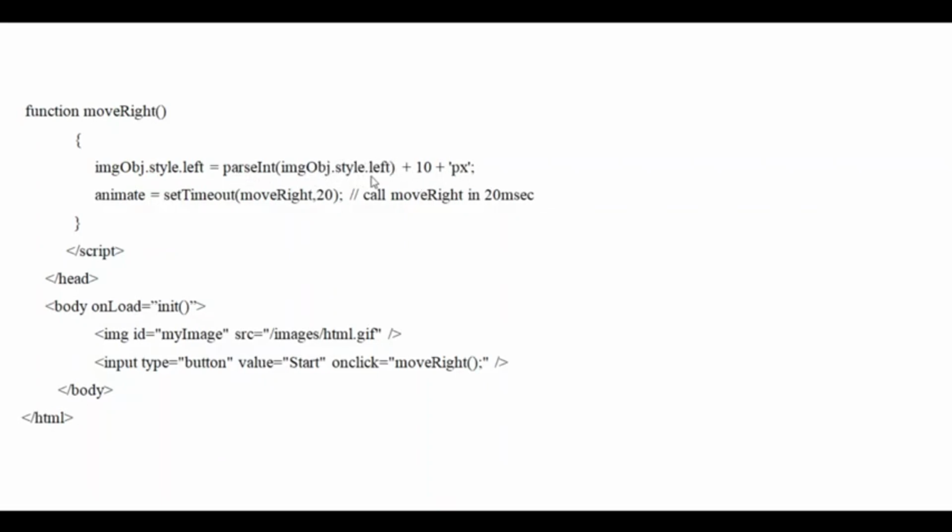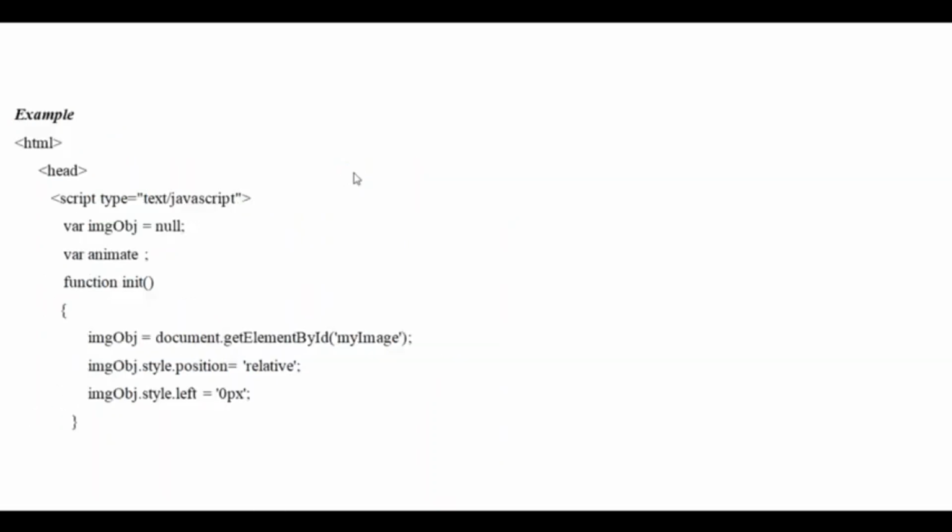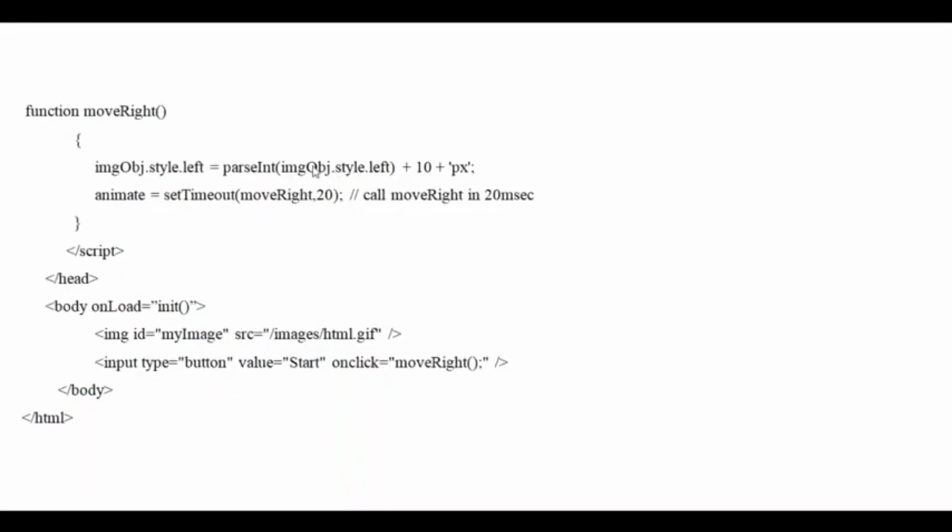Here we initialized the image object's left property with the 0th pixel. It is a text data type. That's why we are converting it using parseInt to integer data type. So now it will have the number 0 and 0 plus 10 pixels it will move.